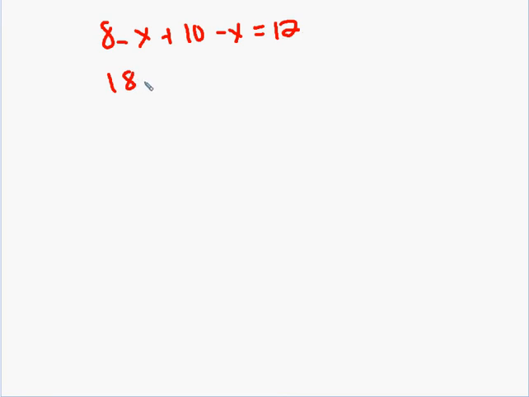Or 18 minus 2X is equal to 12. Or minus 2X is equal to negative 6. Or X finally is equal to 3.